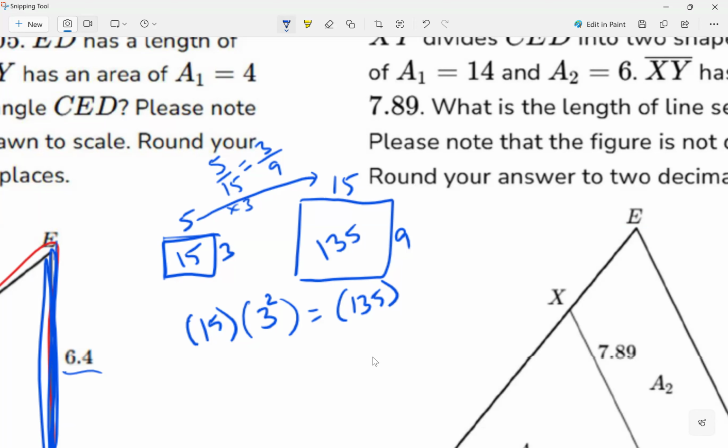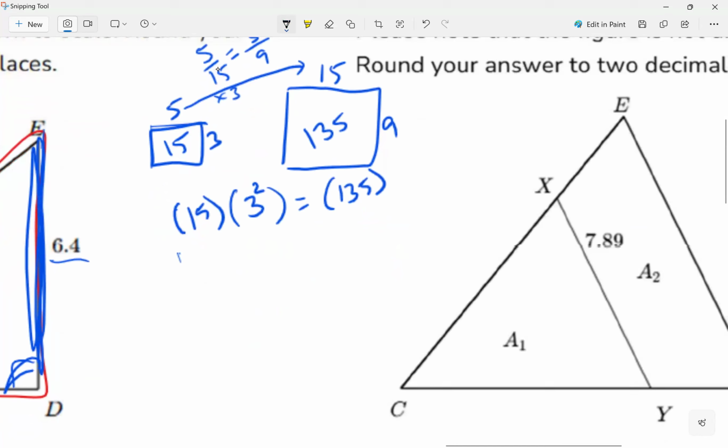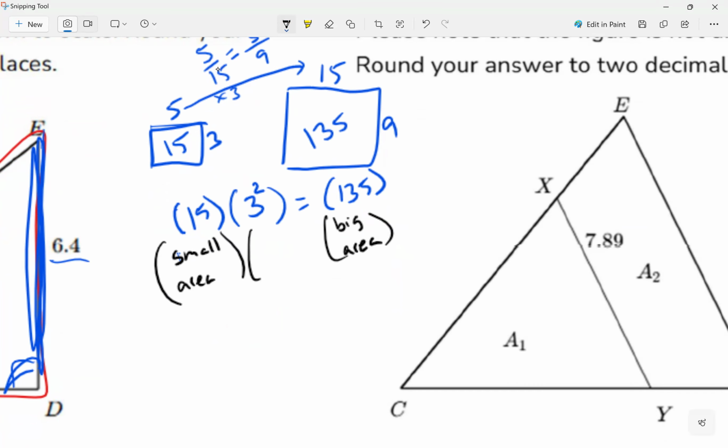Now, one thing we're going to be doing, notice how the 15 was my small area. Let me write this in black so it makes more sense. The small area. 135 was the big area. My 3 squared is my scale squared.